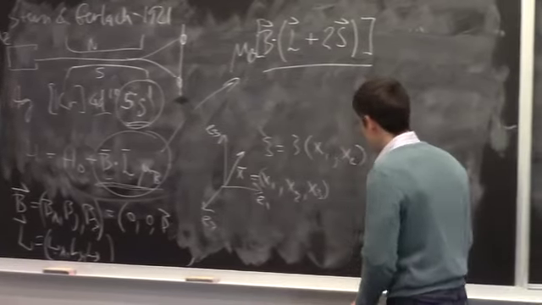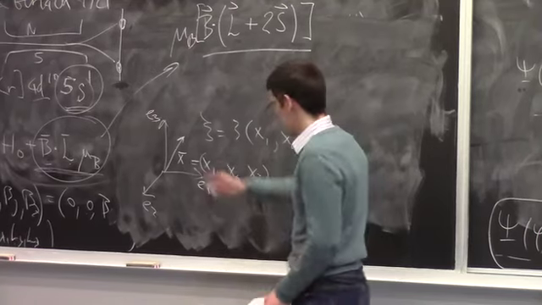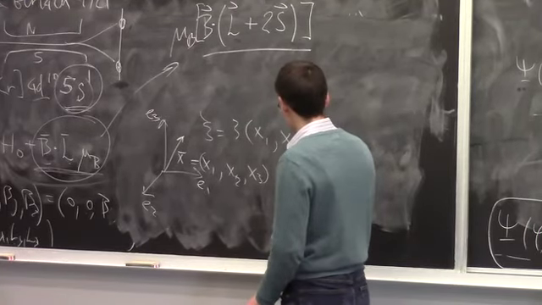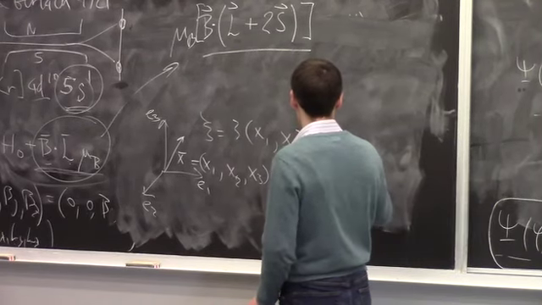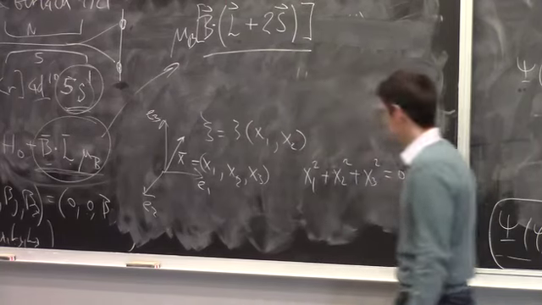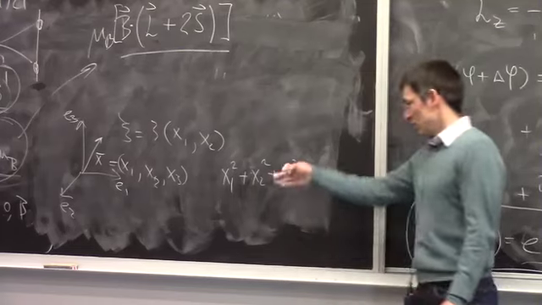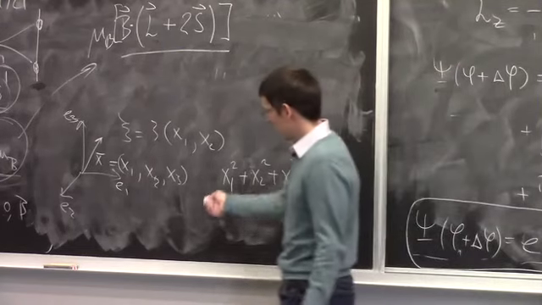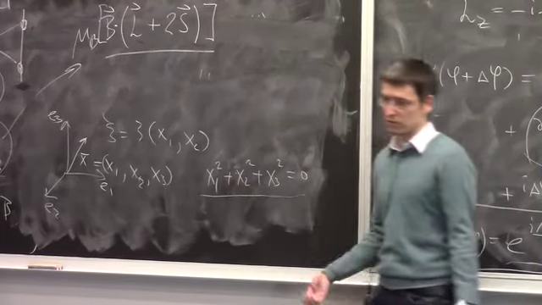You need a little bit of complex numbers here, because the vector that I'm interested in has an interesting property that x1 squared plus x2 squared plus x3 squared equals 0.